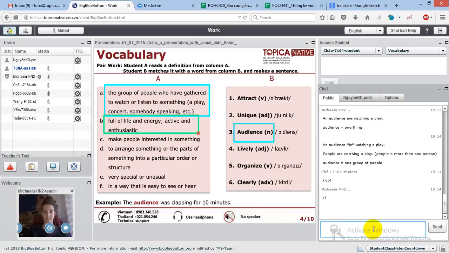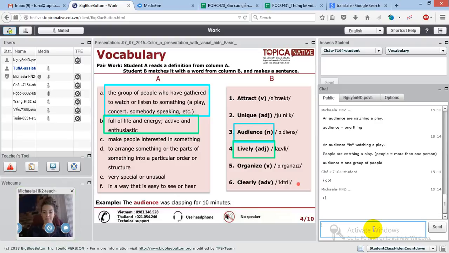Enthusiastic. Enthusiastic. Wonderful. I choose number 4, lively. Excellent. Yeah, lively. Full of life. And can you use lively in a sentence? Yes.